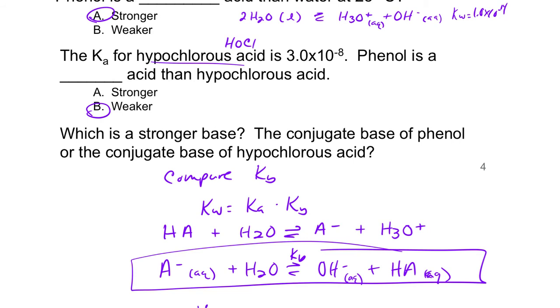Let's see, what should I do first? Hypochlorous acid, our Ka is 3 times 10 to the minus 8. Kb is equal to Kw over Ka. So that's 1 times 10 to the minus 14 over 3 times 10 to the minus 8. And I get 3.3 times 10 to the minus 7.